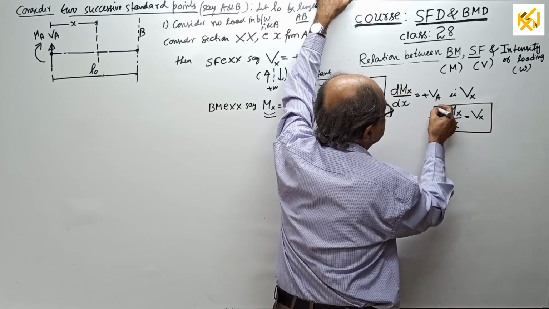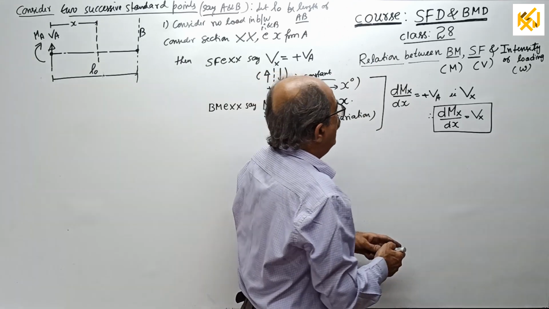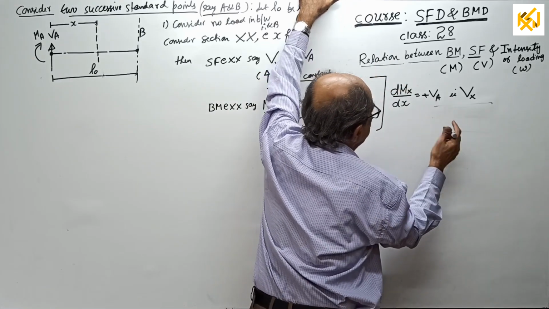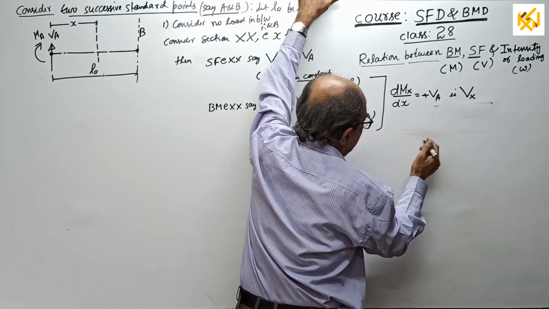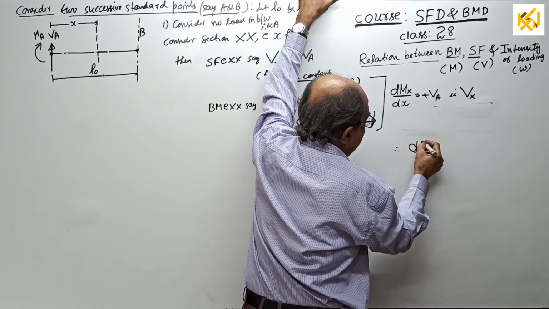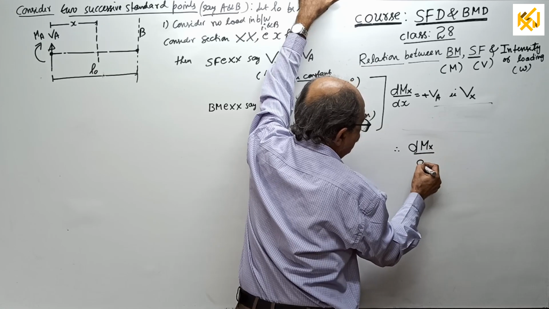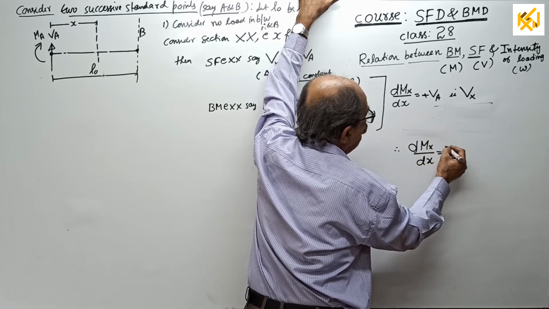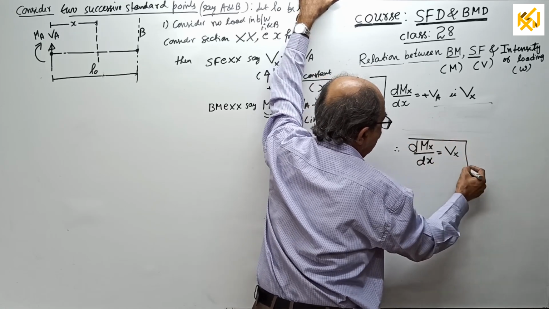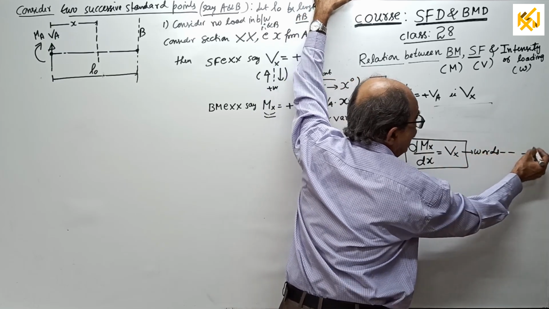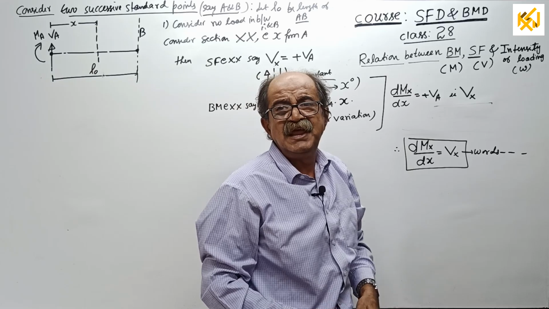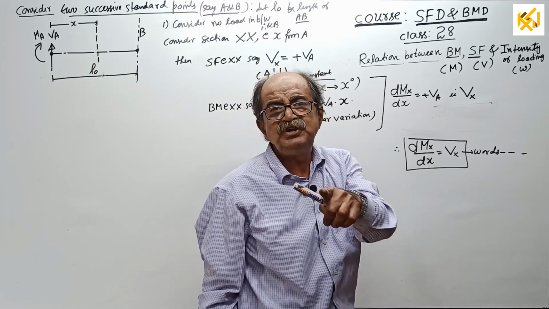Or if you write in words, I'll write a little down, here. I want some space. Further below. Therefore, because this will repeat, dMx by dx equal to Vx. Or if I write in words, this I am writing in the next class: rate of change of bending moment equal to shear force.